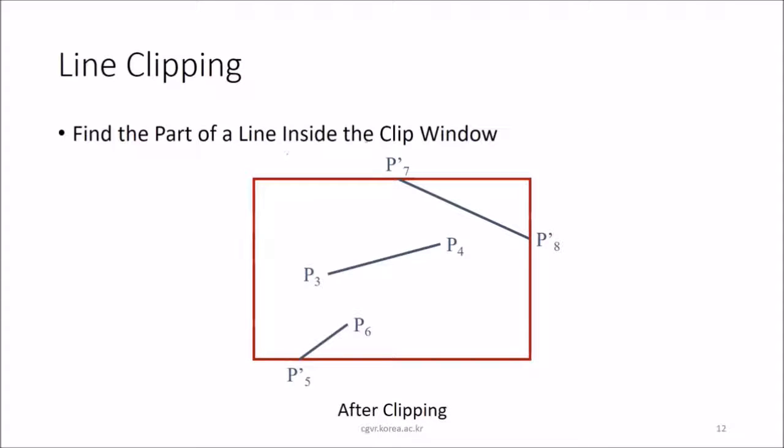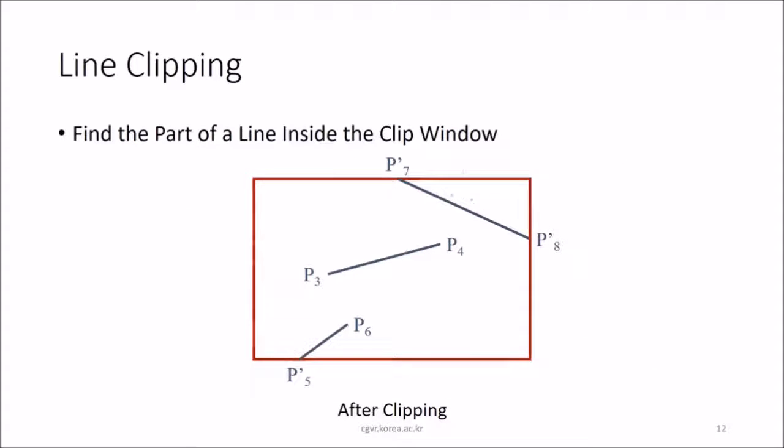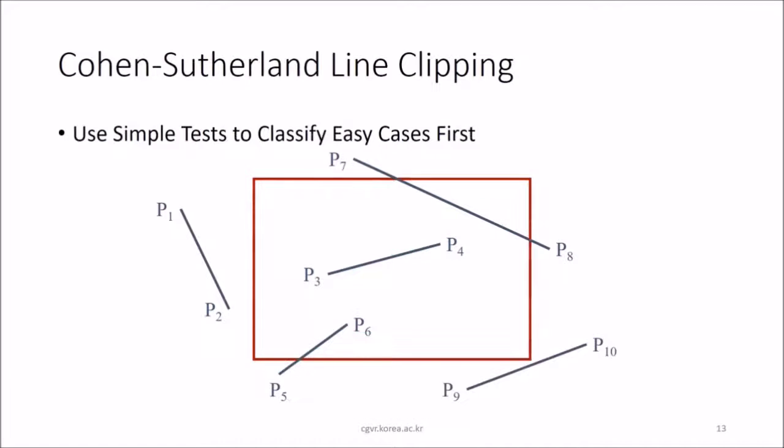Only these parts, including P7, P8 and P5, P6. P5 has become P5 dash, P7 has become P7 dash, and P8 has become P8 dash. Means new points on the line.